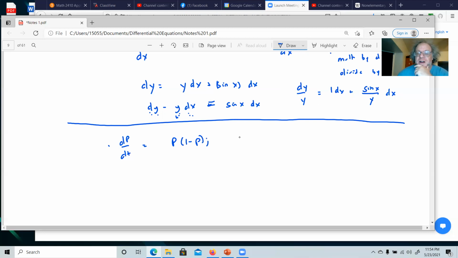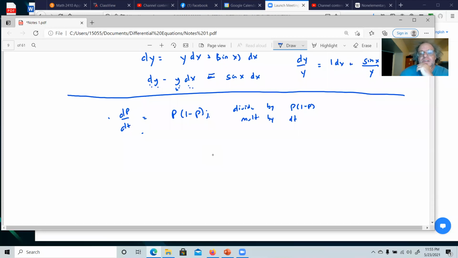So we're going to divide both sides by p(1 minus p) and multiply by dt. I divide, we get a 1 here, we multiply through, we get dt. So we got dp over p(1 minus p) equal to dt.